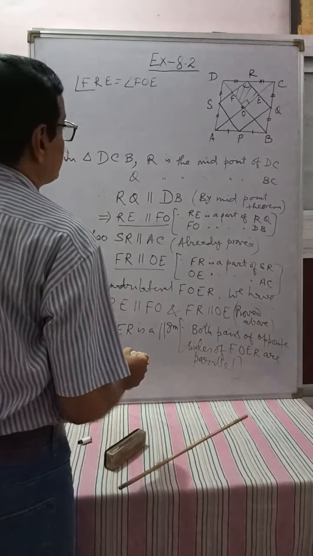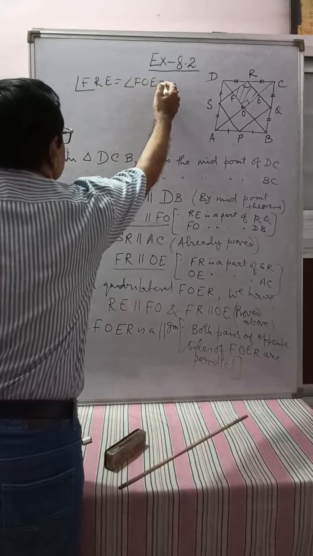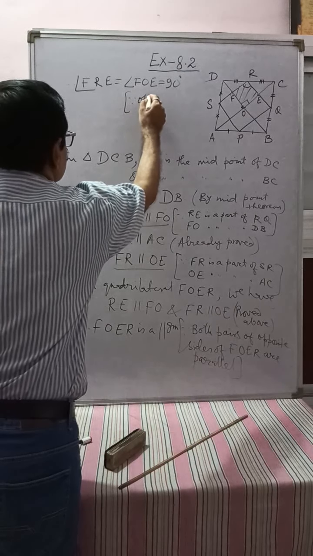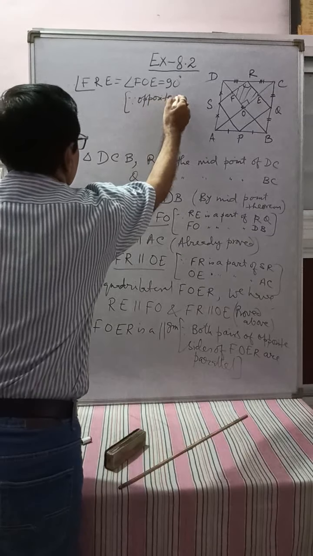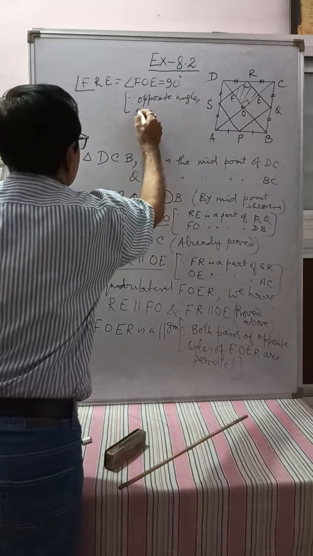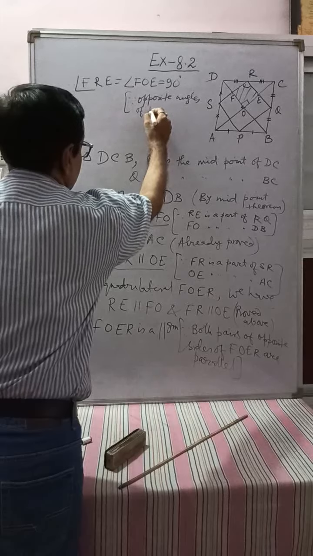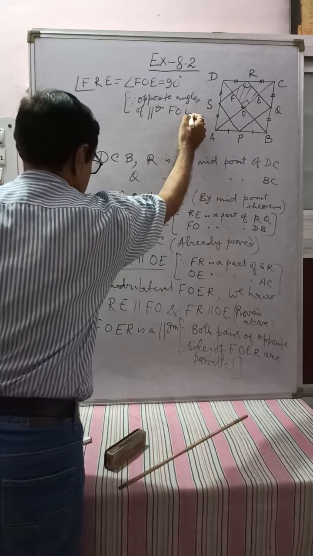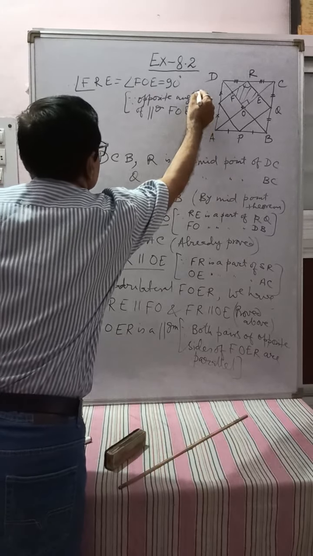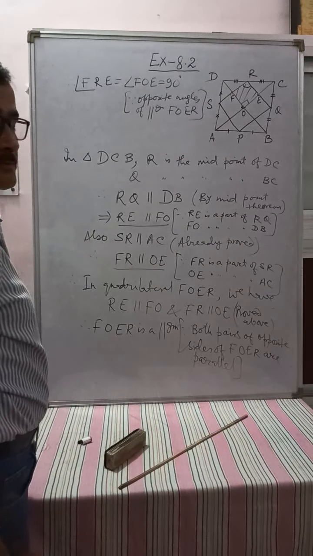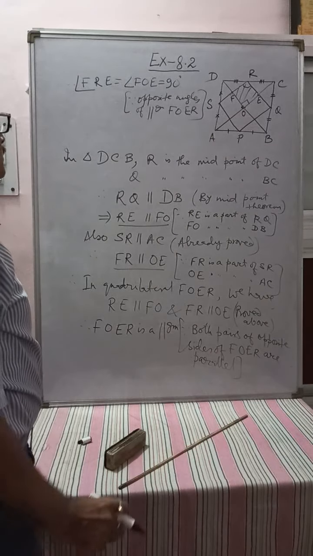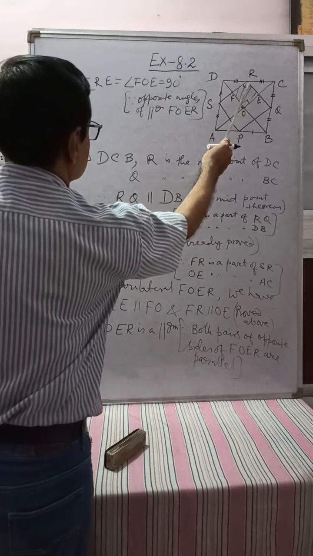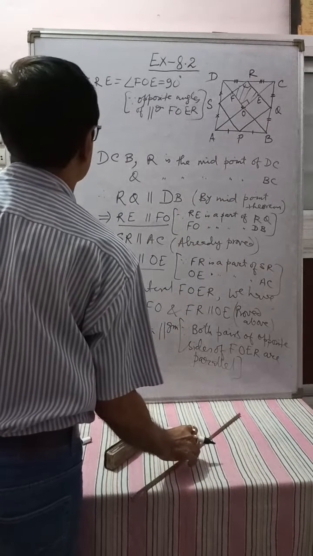But FOE we have already proved is 90 degrees, so FRE is also equal to 90 degrees, because opposite angles of parallelogram FOER are equal.